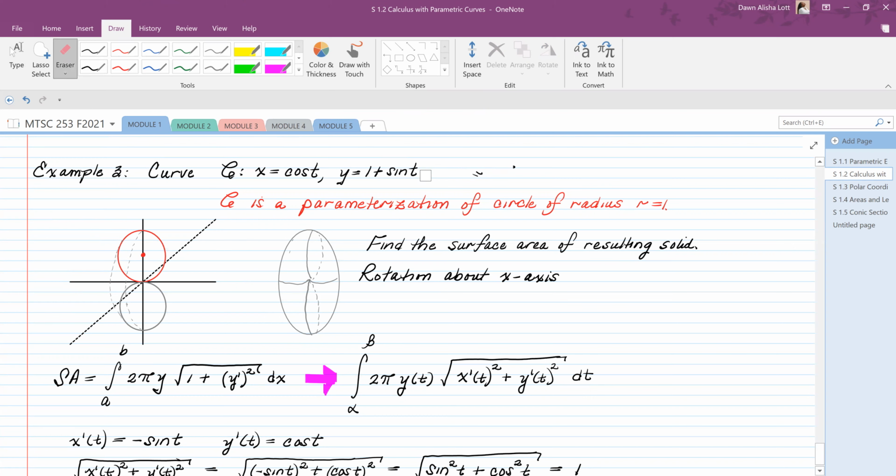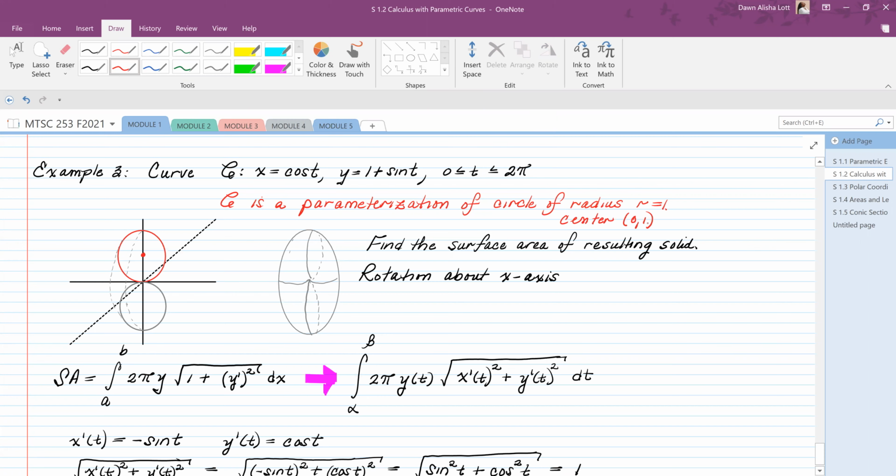And I knew something looked weird. In the next section, you will see why it is 1 plus sine t. This is a circle of radius 1 with the center being (0, 1). Okay. All right, now it makes more sense.